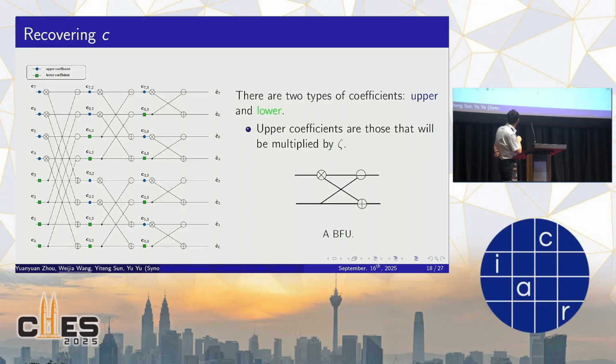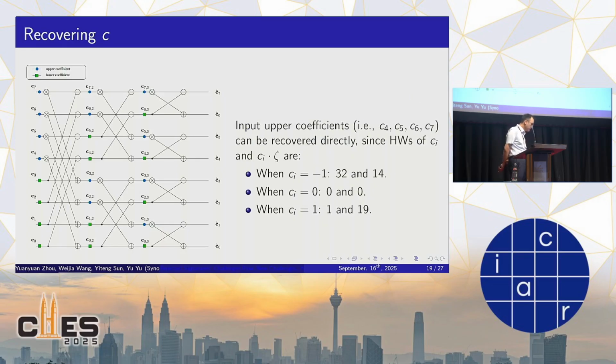This is an upper coefficient, and this one, this one, this one too. The others are lower coefficients, which will not be multiplied by the twiddle factor zeta. I will repeat that the upper coefficients are those that will be multiplied by zeta.